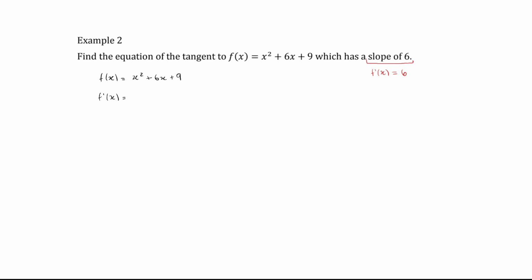So I'm going to take the derivative of each of these terms separately. What is the derivative of x squared? The derivative of x squared is 2x. What is the derivative of 6x? It is just 6. And what is the derivative of 9? The derivative of 9 is just going to be 0. So our derivative of the function f of x is equal to x squared plus 6x plus 9 is going to be equal to 2x plus 6.